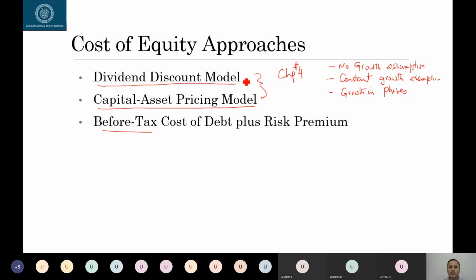I'll show you. The dividend discount model, the first one that we covered, we covered in chapter number 4. The capital asset pricing model, if you remember, was chapter number 5. So we will use the same techniques that we already learned. The third one is a little bit different, but again, it's very easy.